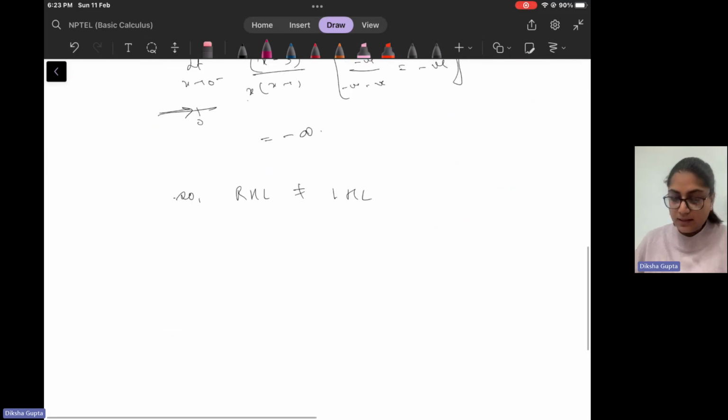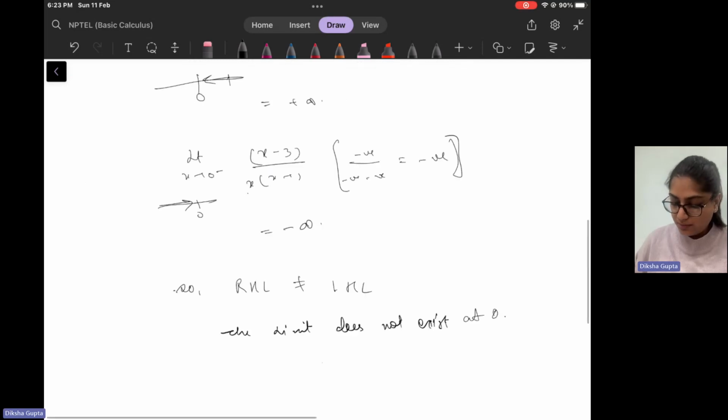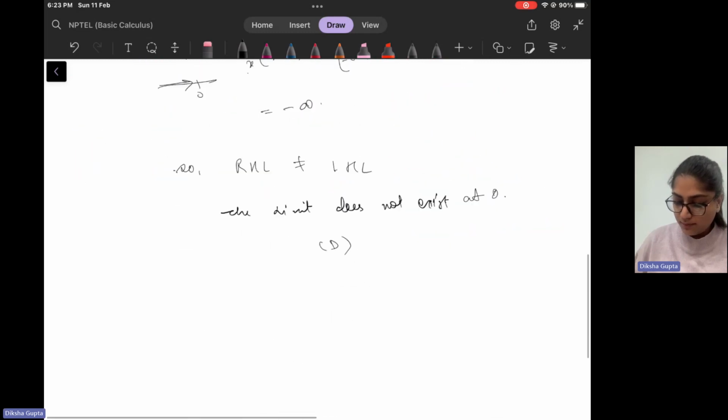From the left hand and right hand we are getting two different values, which implies the limit does not exist at 0. So D option is correct.